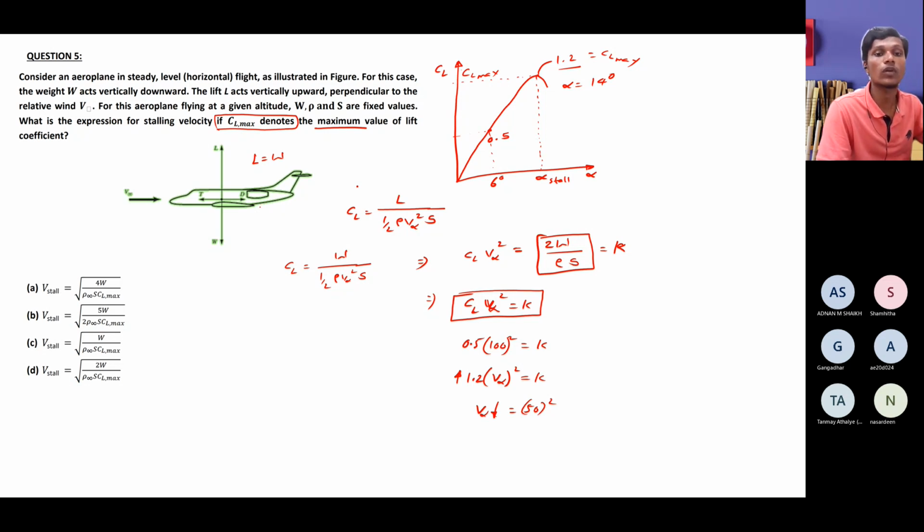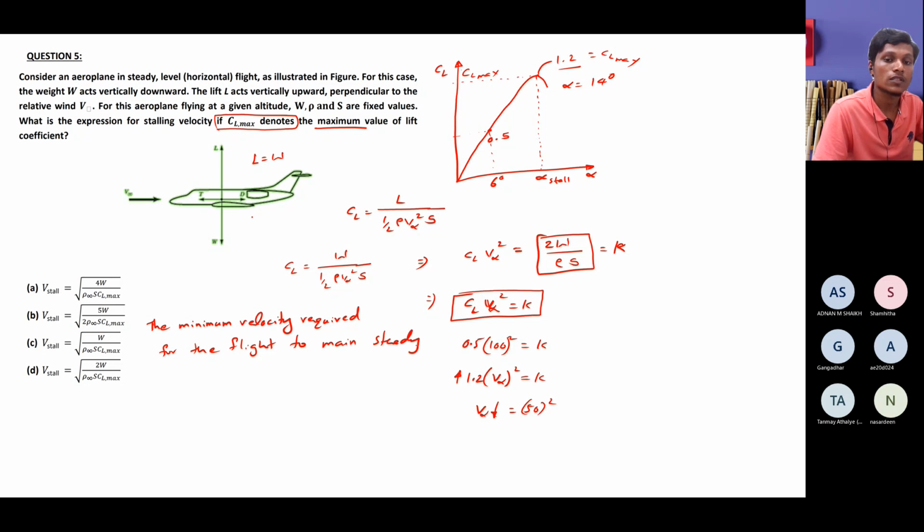In another way you can also state that the minimum velocity required for the flight to maintain steady level flight is the velocity corresponding to the maximum lift coefficient, that is CL max.